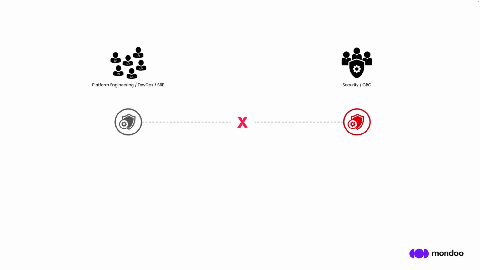And this is common even if it is an infrastructure as code scanning tool that's part of a larger platform. When the security and governance, risk, and compliance teams are making changes, say, to the rules that a business needs to follow, how does that trickle down into this infrastructure as code scanner? So this can actually cause overall friction between these two teams and a lot of wasted cycles.